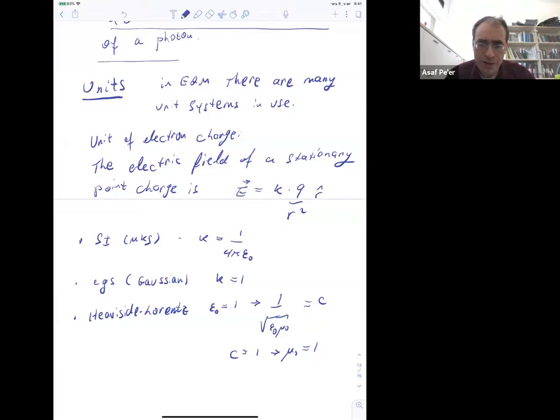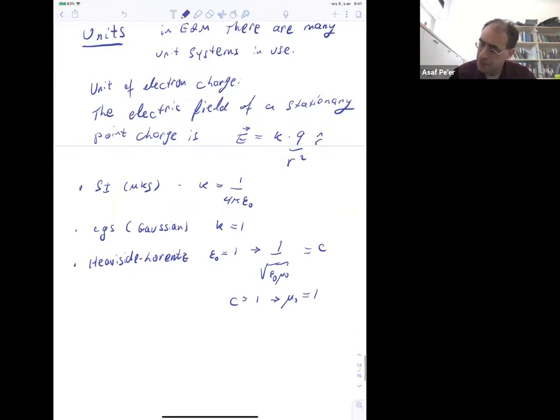So there are differences in charge. The unit of charge is different in the different systems because eventually it follows from measurement of the Coulomb force, which is something that we can measure.